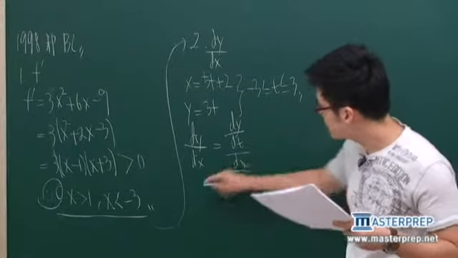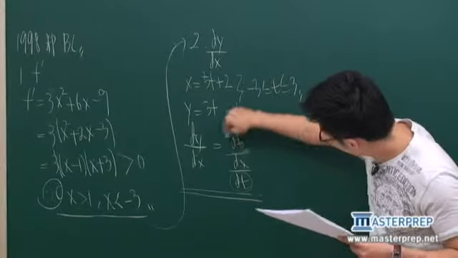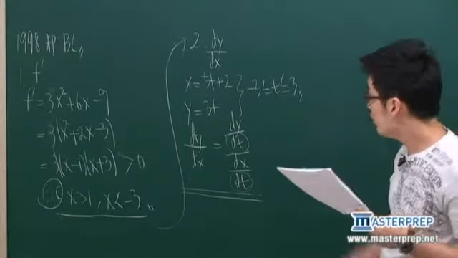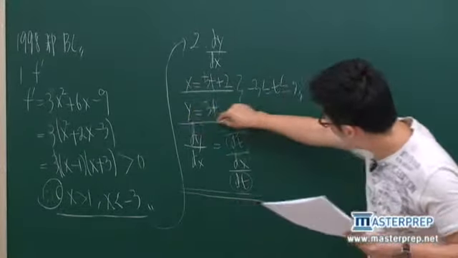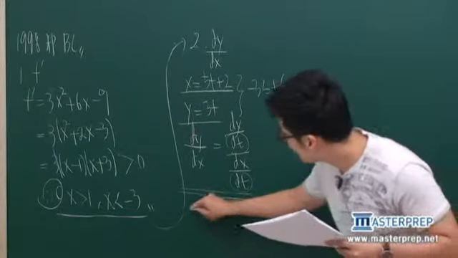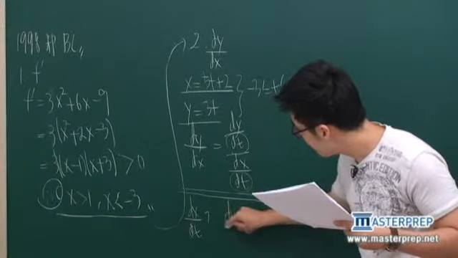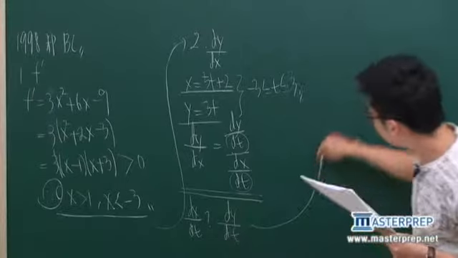Using this property of a common factor and deleting it, we can write x and y in terms of t. So what is dx over dt, and dy over dt? Well, just take the differential.